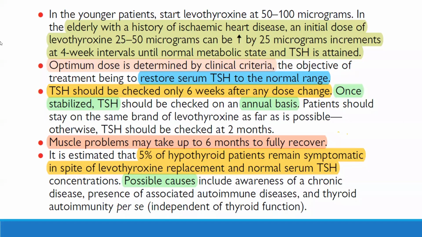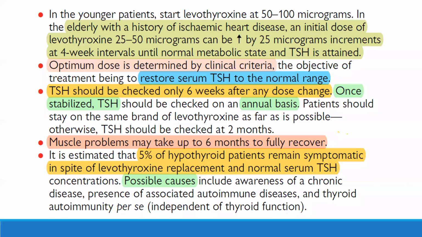In a young patient, start levothyroxine at 50 to 100 microgram. In the elderly with a history of ischemic heart disease, we should start with a small dose of 25 to 50 microgram, then increase by 25 microgram every month until a normal metabolic state and normalization of the TSH. The optimal dose is determined by clinical criteria.